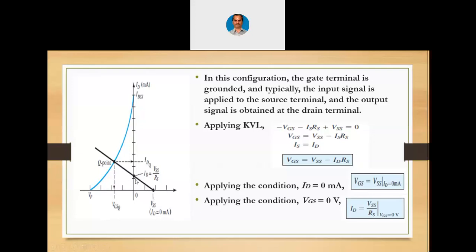Sorry, I showed you the other point. This is that point, ID equals VSS by RS when VGS is 0. When we have these two points, we can join them and find the intersection with the transfer curve, and that particular point corresponds to the Q point. This is similar to the voltage divider bias circuit's functionality. This way we can solve even the common gate configuration.